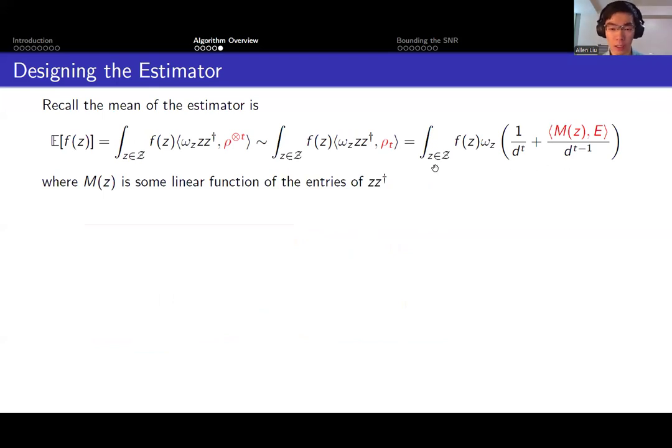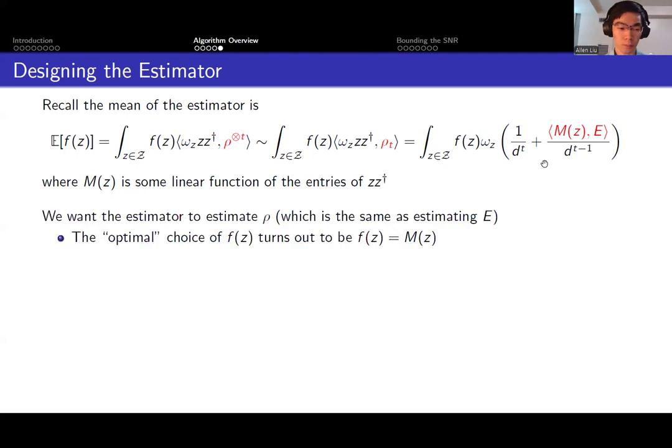Therefore we can rewrite this inner product as the inner product between e and some explicit linear function of the entries of zz transpose that I will not specify for now. Call it M of z. Now we want the estimator to estimate rho, which is the same as estimating e. It turns out the optimal choice is f of z equal to this function M of z listed here.